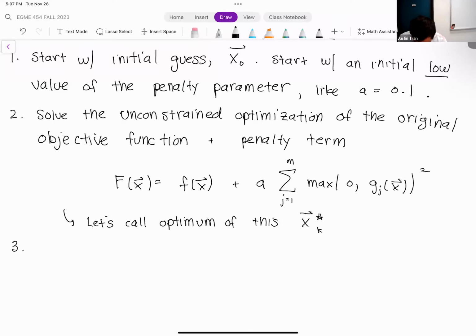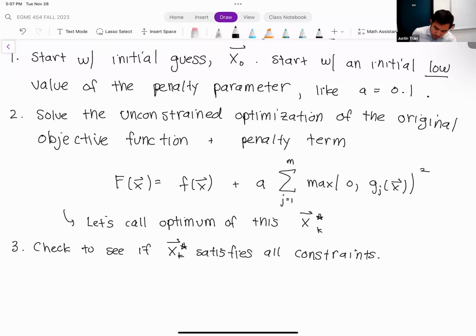Step 3. Now that we have an optimum for this, we need to check to make sure all of our constraints are satisfied. If it does, then we're good.